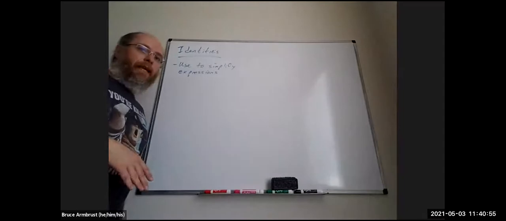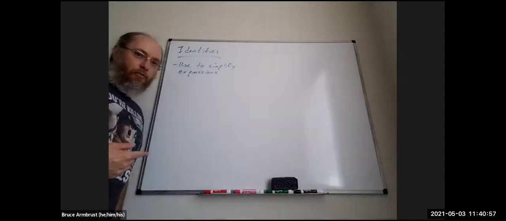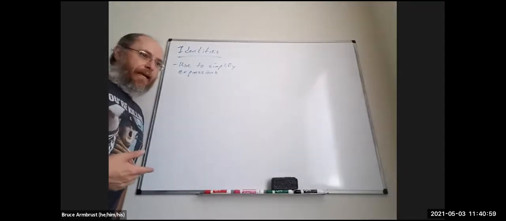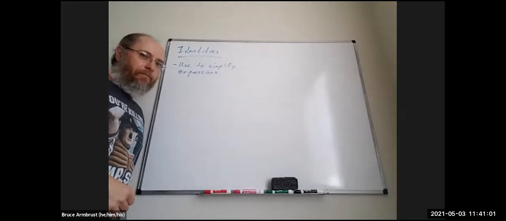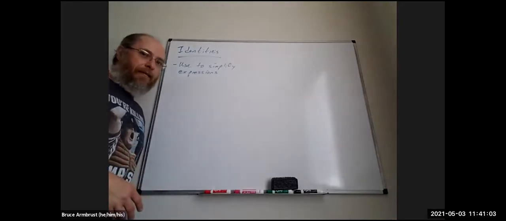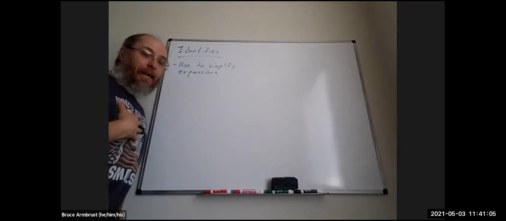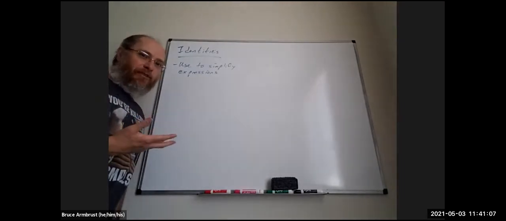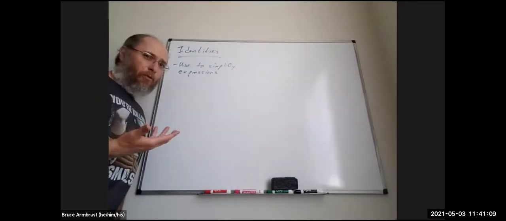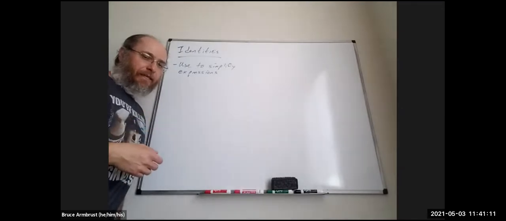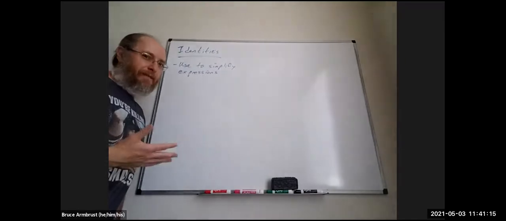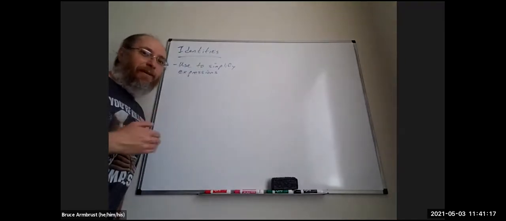And you're going to go through this in this class and probably not like it. Most people don't like dealing with identities. I love them. This was the kind of stuff that when I was in high school and I was bored in like history class or something, I would just make up trig identities and try to prove them. Yeah, that's me.